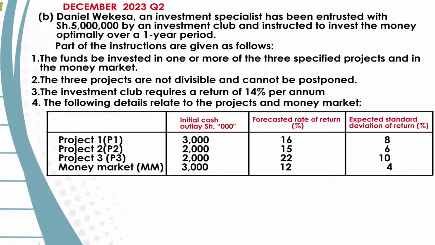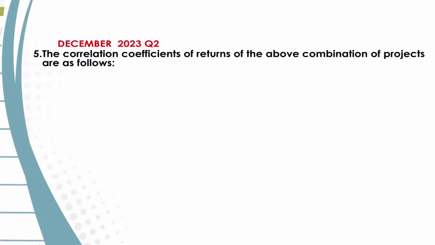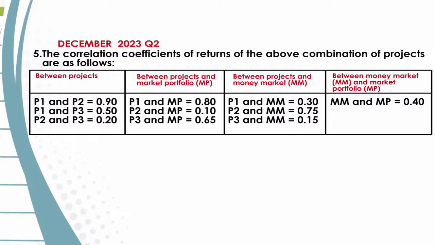So we have the information on project 1, project 2, project 3, and the money market. We have the initial outlay for each project, the forecasted rate of return for each project, and the expected standard deviation for each project. Number 5, the correlation coefficients of returns of the above combination of projects are as follows. So we have combination P1, that is project 1, and P2, project 2. Then there is combination P1 and P3, and combination P2 and P3.